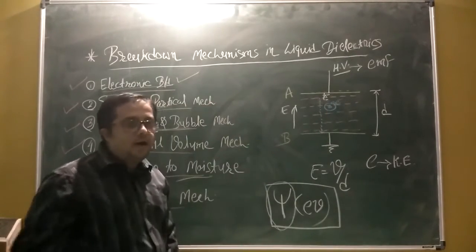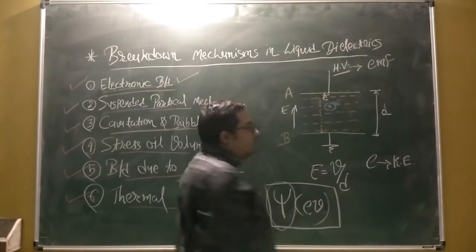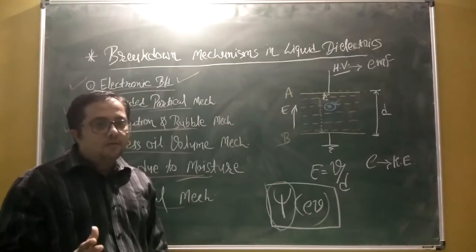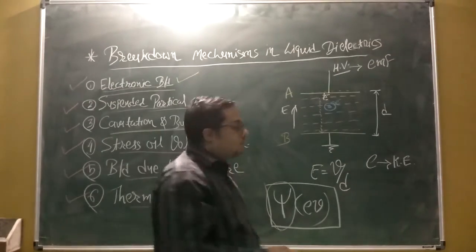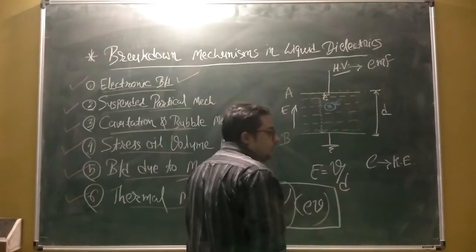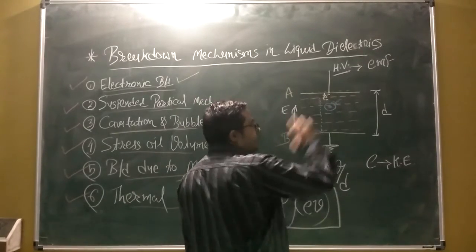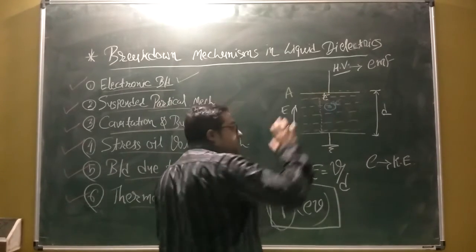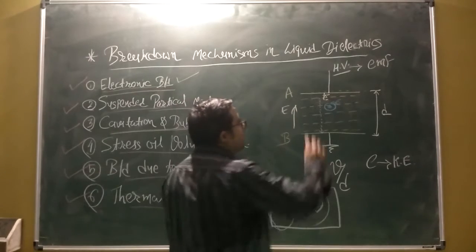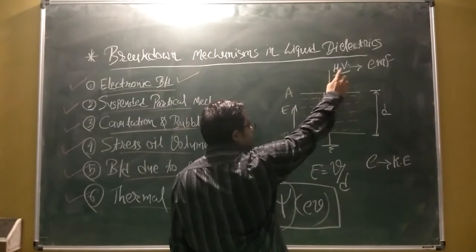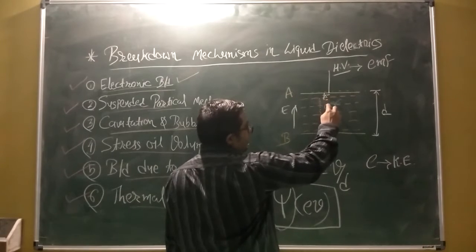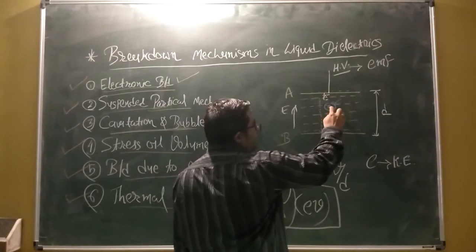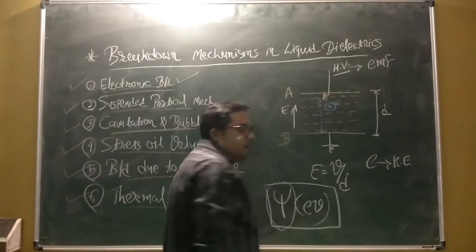The electron will collide with this neutral particle which contains an equal number of positive charges and electrons. The positive charge lies at the inner orbit and the electrons are at the outer orbit. So this primary electron E, which has just been injected from the surface of the electrode by the high voltage, is accelerated towards the opposite side, and during its traveling it collides with this neutral atom.